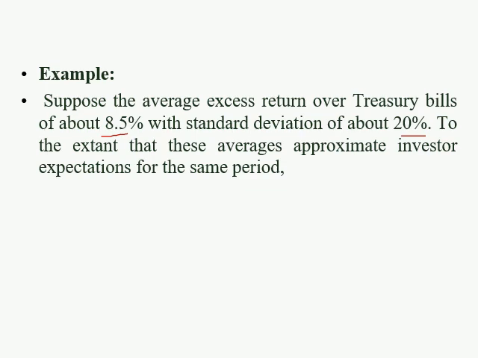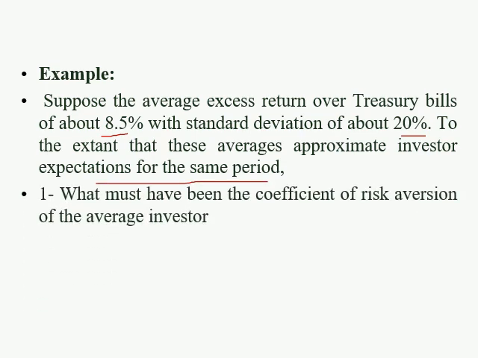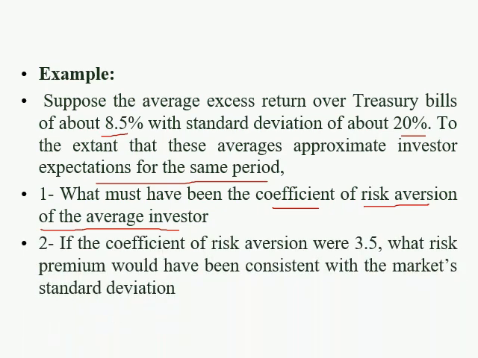To the extent that this average approximates investor expectations for the same period: Number one, what must have been the coefficient of risk aversion of the average investor? Number two, if the coefficient of risk aversion were 3.5, what risk premium would have been consistent with the market standard deviation?